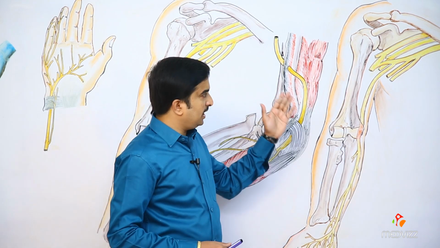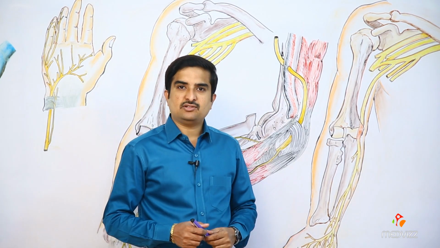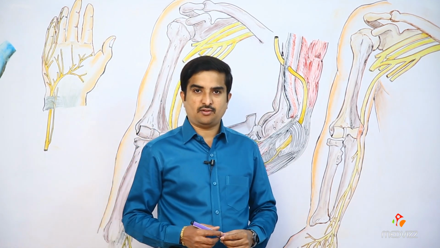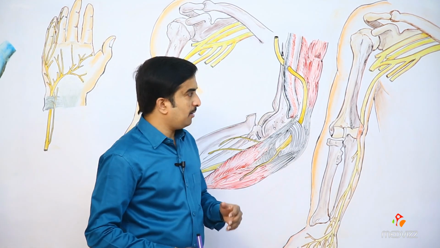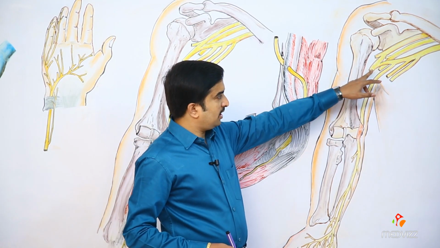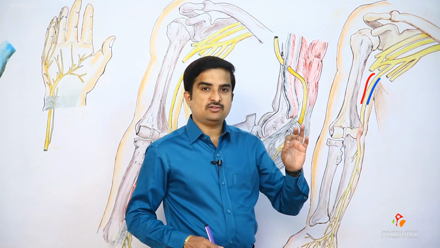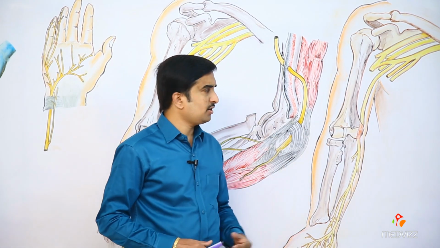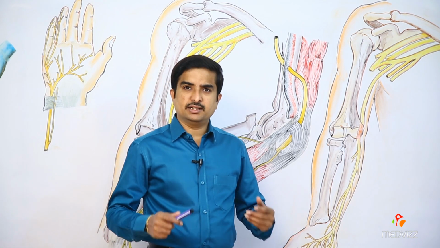Medially it is related to the axillary vein and laterally it is related to the axillary artery. That is the reason I am saying that the nerve lies between the axillary artery and the axillary vein in the axilla, right?